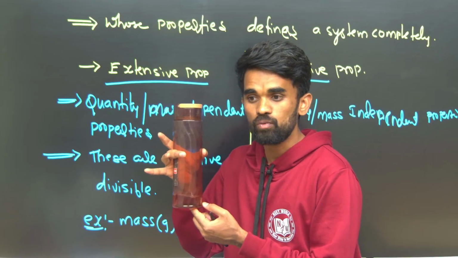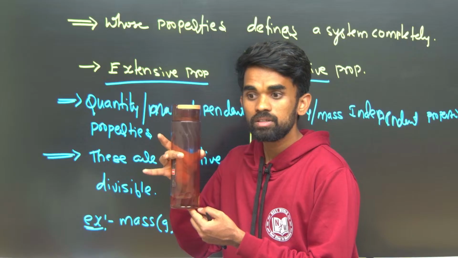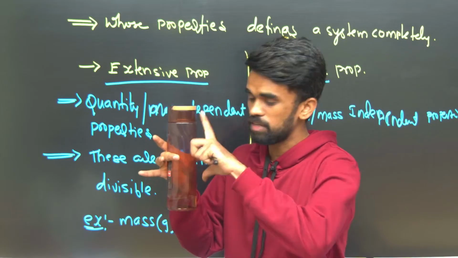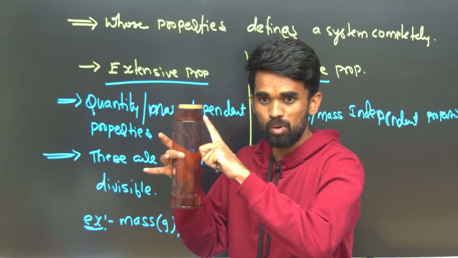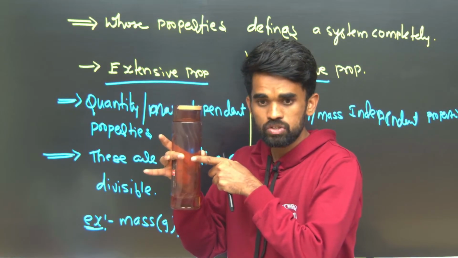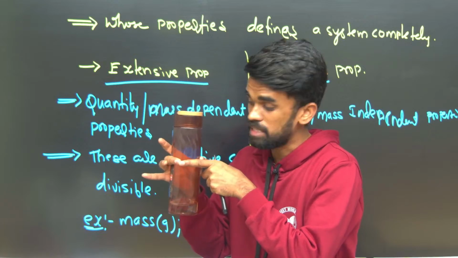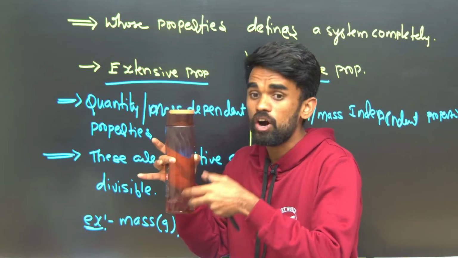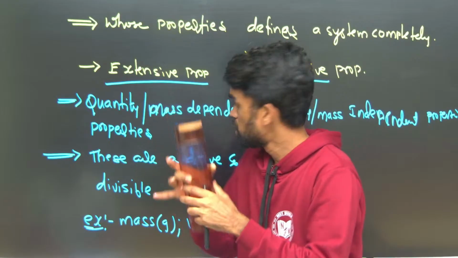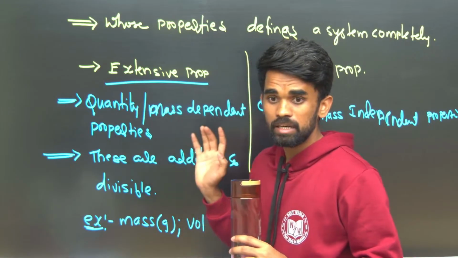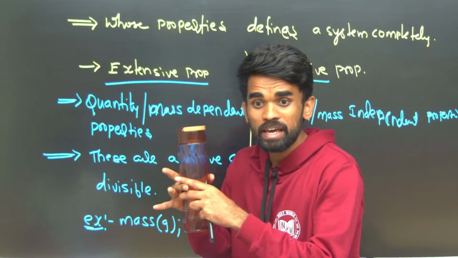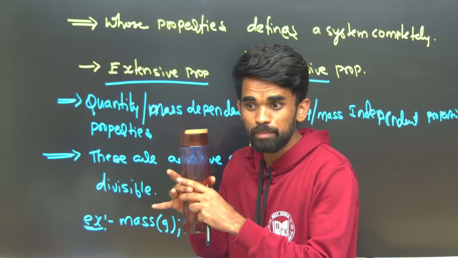What is the quantity of water? Half a liter, you are saying, because it is a full 1000 ml bottle filled half. So this volume depends on what? The quantity, how much water is present in it. So that is what quantity dependent properties are.